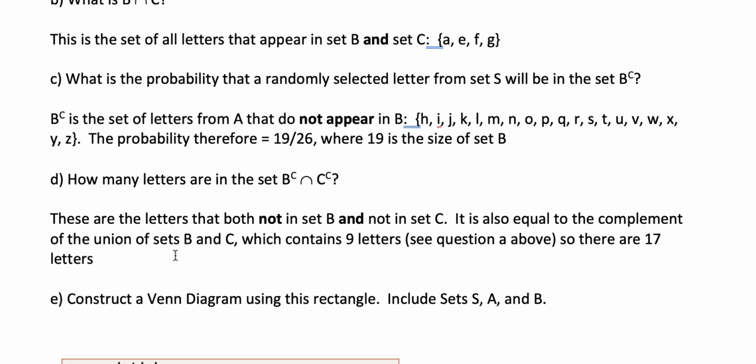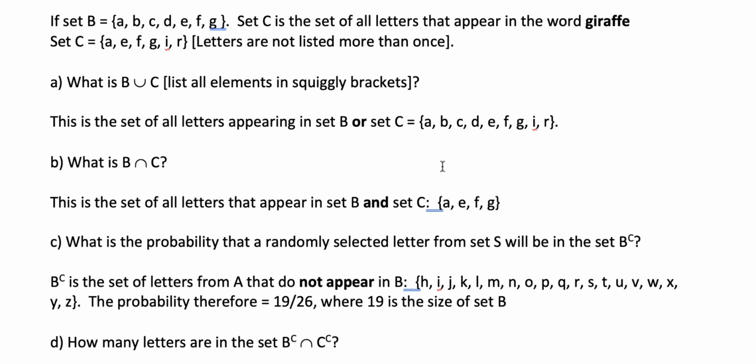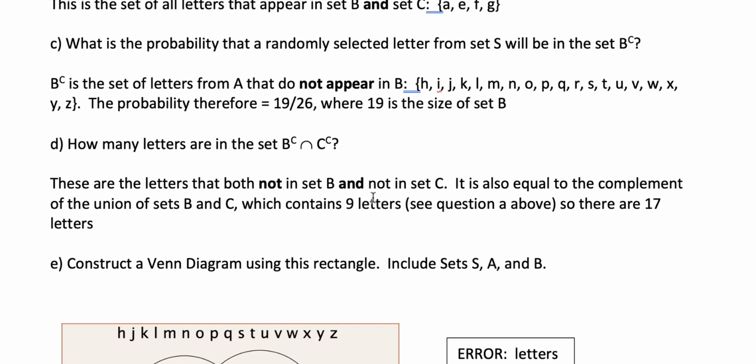I'm sorry, the union of B and C contains 9 letters, and that's what we got up here in A. Then the complement of that is the remaining 17 letters out of the 26 in the alphabet.